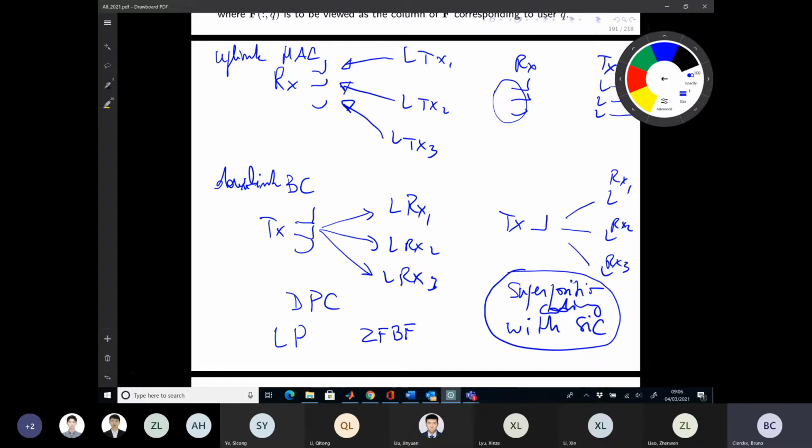So today we're going to continue looking at superposition coding. So in coursework 3, you will see you have some questions. You have 2 bonus questions, to try for you to get some more marks. And you will see that one of the questions relates to this literature. This superposition coding with SIC is also called NOMA, non-orthogonal multiple access.